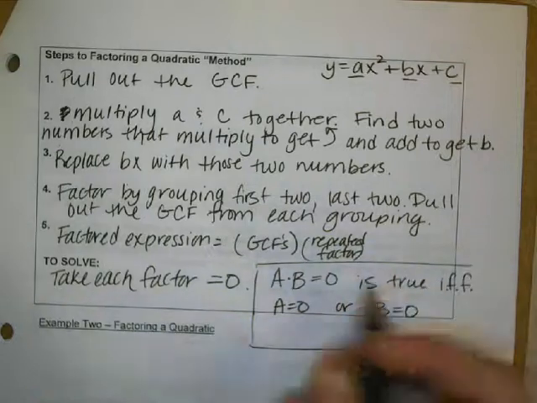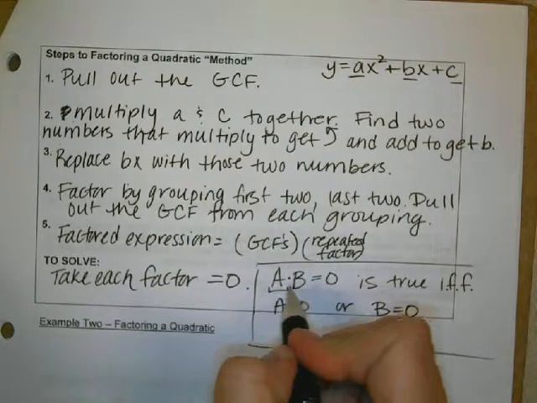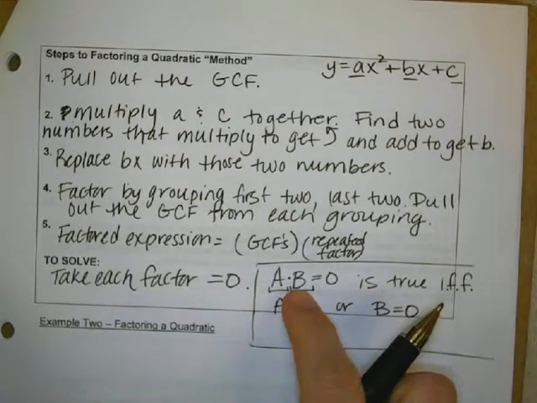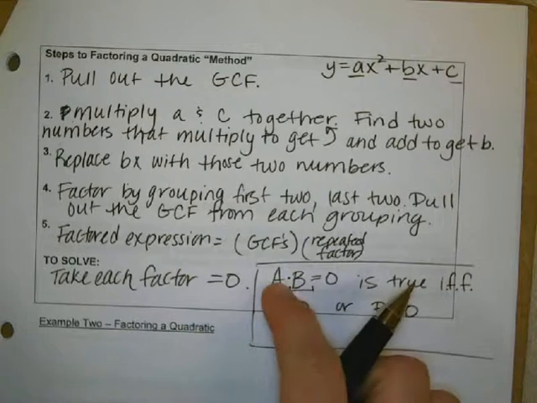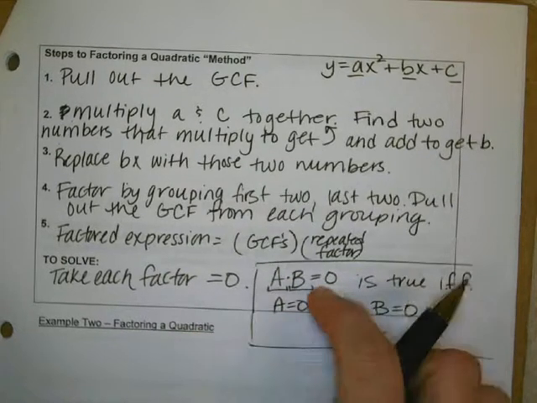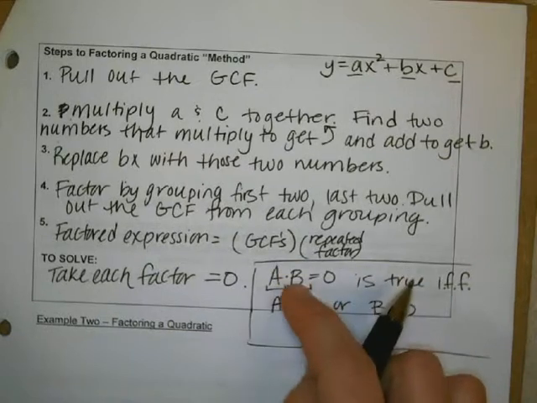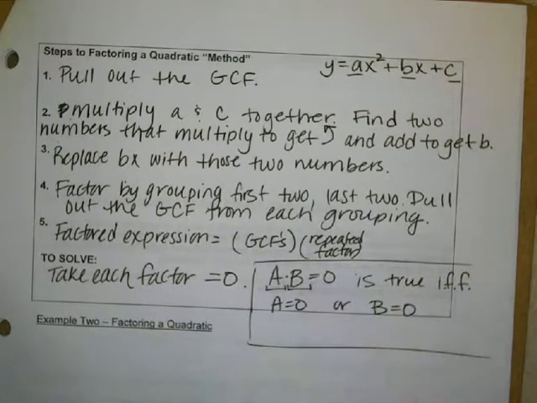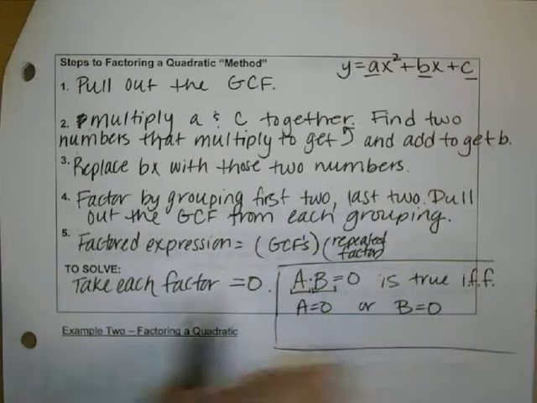So if you think of A as a factor, as a parenthesis, and B as a parenthesis, if you're multiplying two parentheses together and it's set equal to 0, that can only be true if either the first parenthesis ends up being 0, because then 0 times anything will be 0, or B, that parenthesis ends up being 0, because again, 0 times anything is 0. So to solve, once you get your two parentheses, then you take each factor, set them equal to 0, and solve for x.